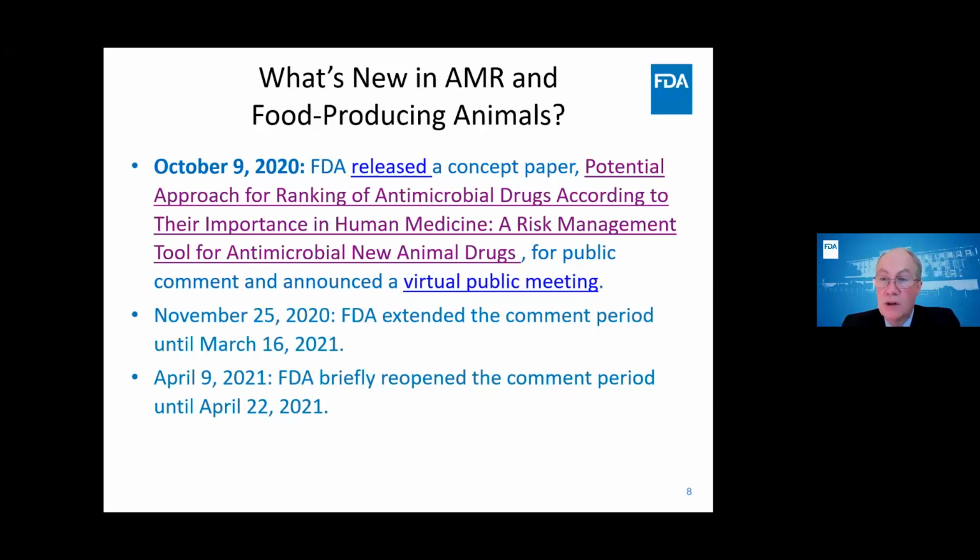This framework goes a little bit further and actually develops different tiers relative to the impact of different antimicrobials on public health. It's a potential approach that we might use in the future that refines and goes beyond critically important, highly important, and important antimicrobials. I would encourage you to take a look at that framework, and certainly we'll be talking about that in the years to come.